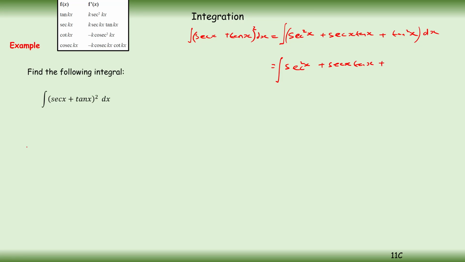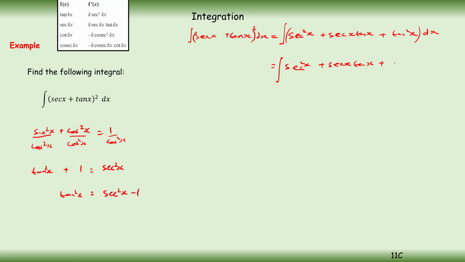Plus, now if you recall what we said about tan squared x, we had sine squared x plus cos squared x equals 1, and we divided by cos squared x, because sine over cos is tan, plus 1 equals the third letter, so sec squared x, which meant that tan squared x is equal to sec squared x minus 1.